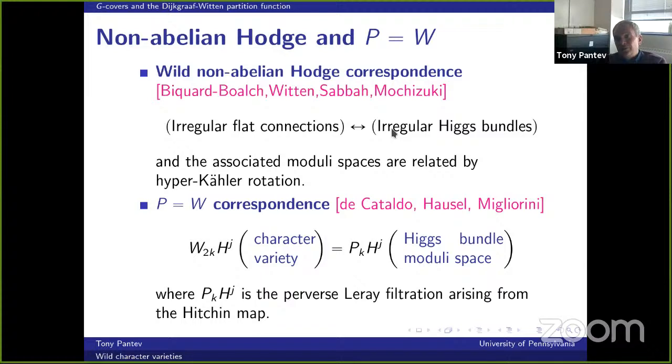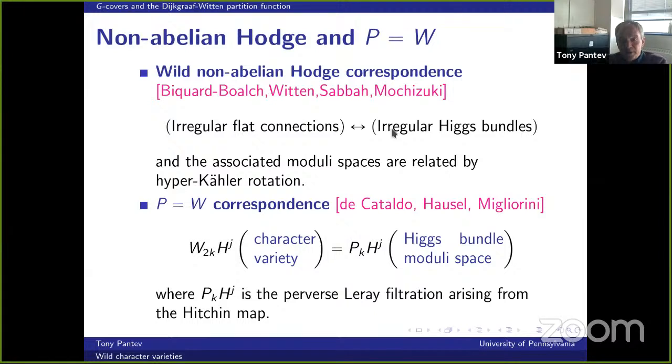And in fact, if you fix the formal monodromies, they're hyperkähler and they're related by hyperkähler rotation. So I'm going to use that and convert the question about computing the Poincaré polynomial or the weighted Poincaré polynomial to a question about computing topological information for the moduli of irregular Higgs bundles.